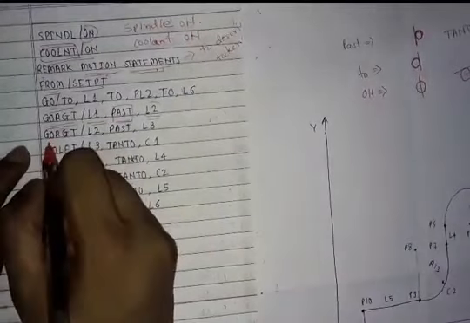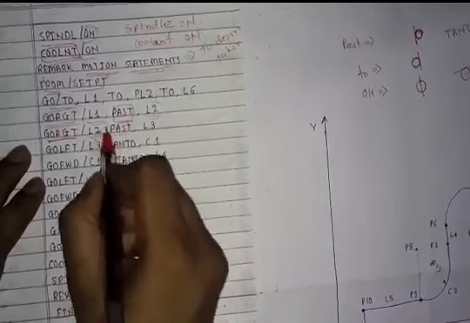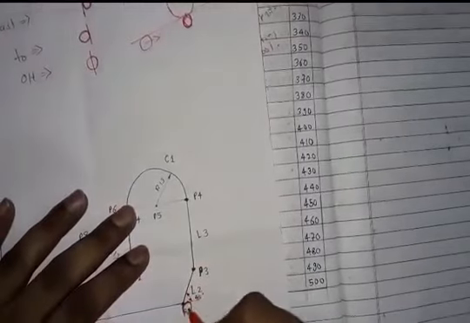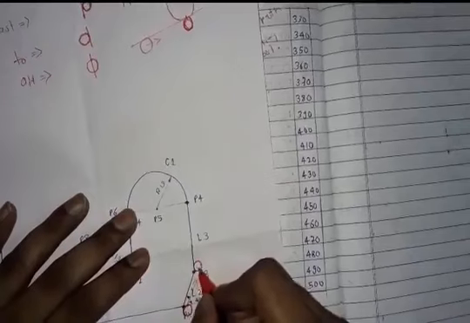Now next is GORGT, L2 past L3. Now the cutter will move from this to this position.